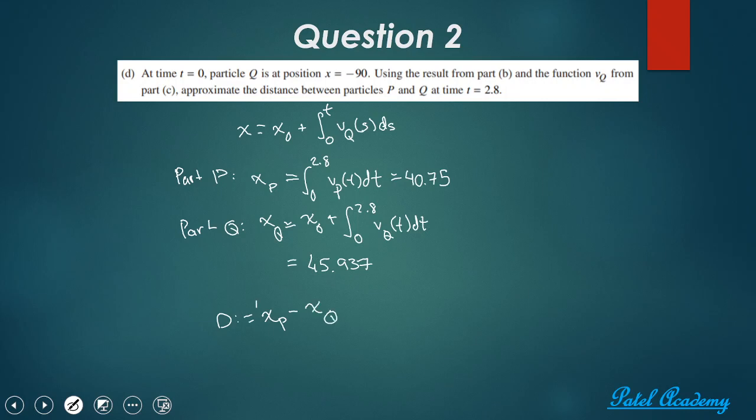Now in this case we would take the absolute value because we don't care about which one's higher than the other, we just want the net distance. So the distance becomes 5.188. So that's our answer. And so it's just knowing this first formula, I'll put a star beside it, that helps relate position and velocity that you should know in order to solve this question.